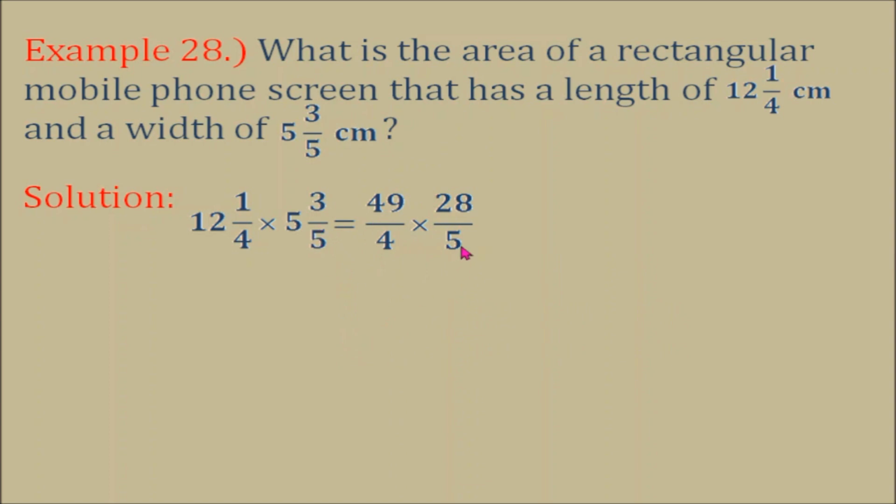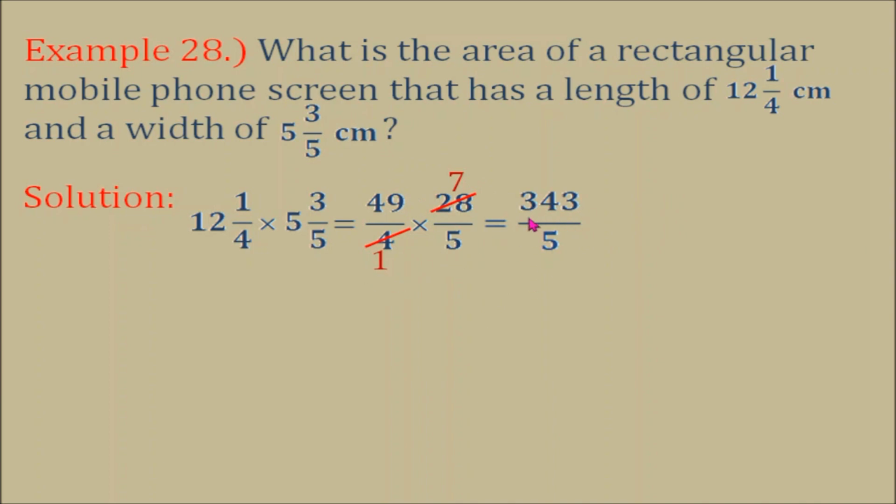Now before multiplying, we can cancel out common factors. Between 4 and 28, 4 is the greatest common factor. 4 divided by 4 is 1, and 28 divided by 4 is 7. Now we can multiply the numerators and then multiply the denominators. So 49 times 7 is 343, and 1 times 5 is 5.